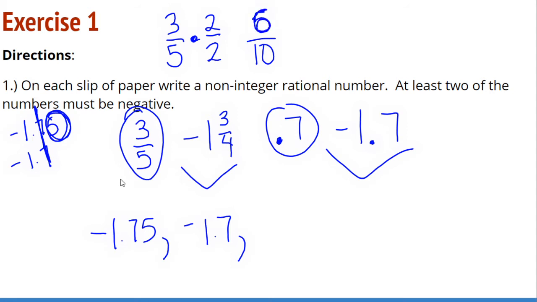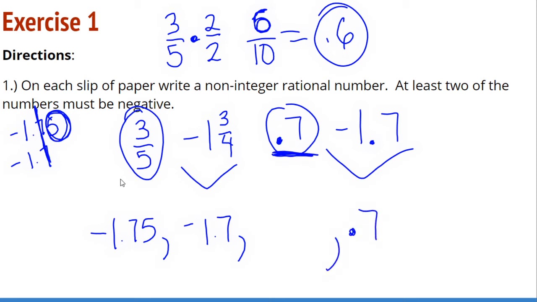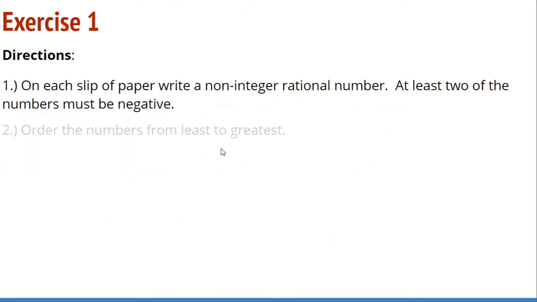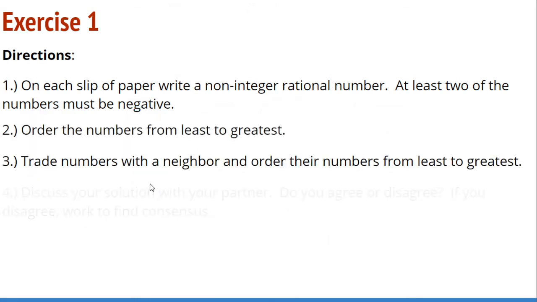I'll have 6/10, which looks like that. So the 7/10 is farther away from 0 to the right, and the 6/10 goes in the middle. So hopefully my thinking matches or goes along with your thinking. All right, least to greatest.